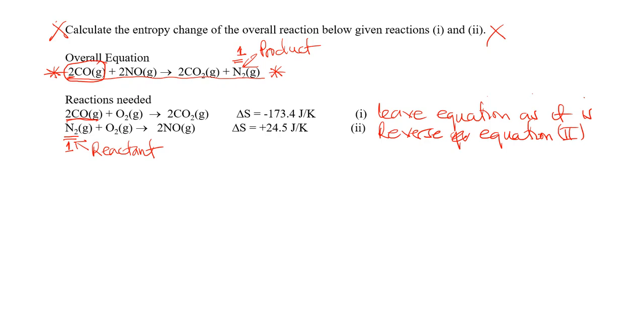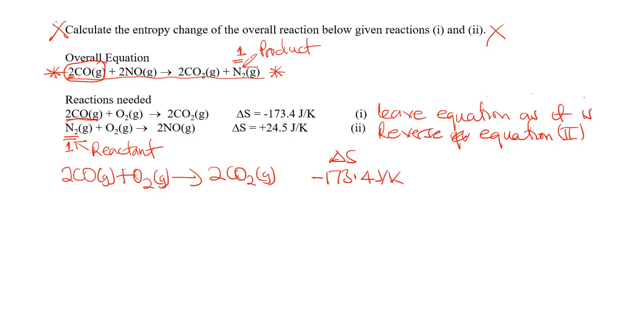Equation 1, we leave it as it is. Equation 2, we reverse it. So when we do that, we are going to have 2 carbon monoxide, oxygen to give us 2 carbon dioxide gas, and the change in entropy, I'll just say delta S, will be given as 173.4 joules per Kelvin.